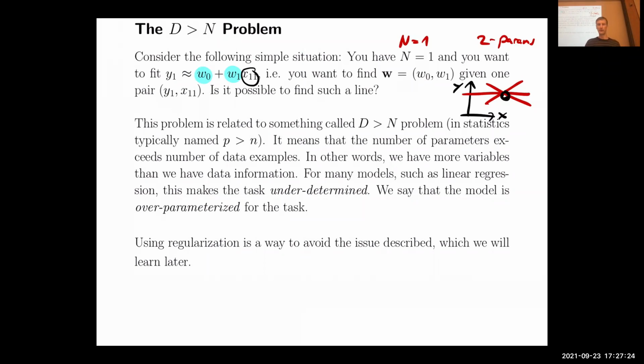There are many ways to do that. If you find one solution, there might be another solution which also perfectly fits it, like the red lines here. So if you really understand linear regression perfectly, then you also understand most of the phenomena in neural networks, where you also have more parameters than you have data.